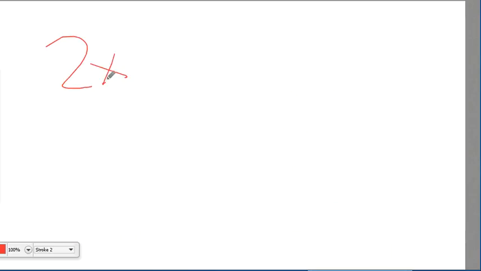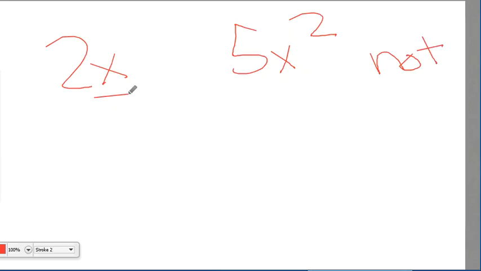If I give you these two terms, 2x and 5x squared, these are not like terms. Even though they both have the variable x, this one is being raised to the second power, and this one is being raised to the first power. So they are not like terms.